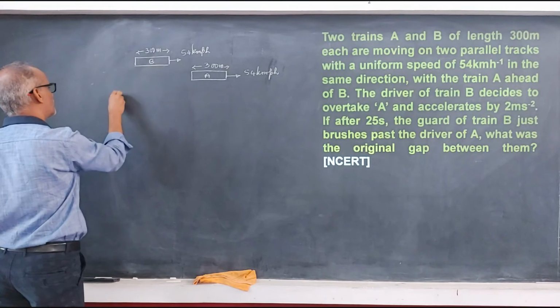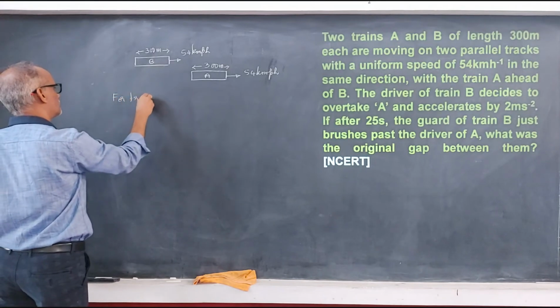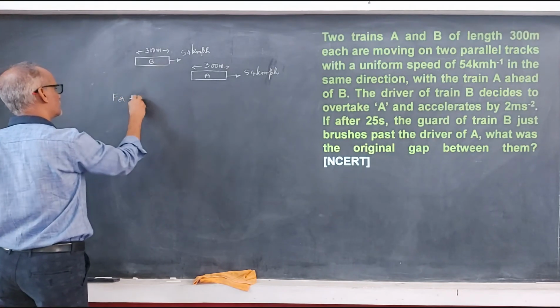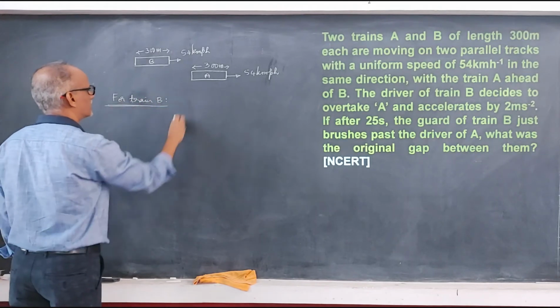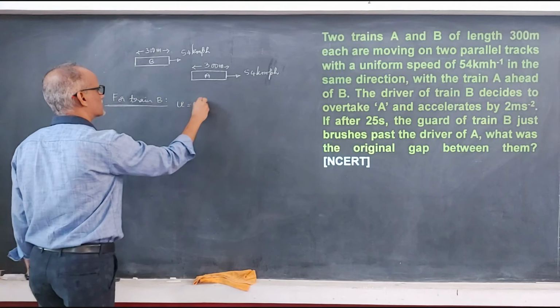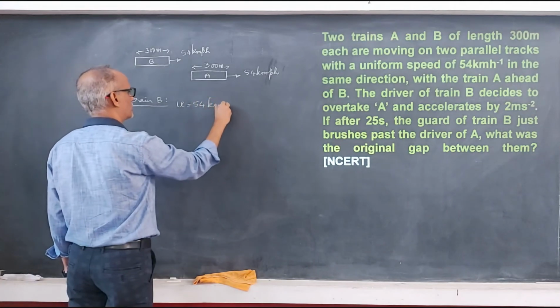So for train B, the initial velocity is 54 kilometer per hour.